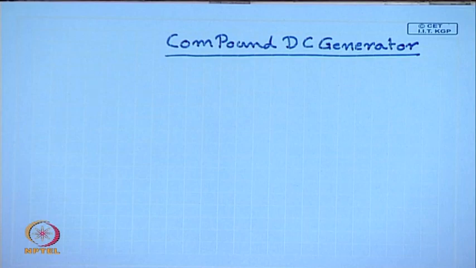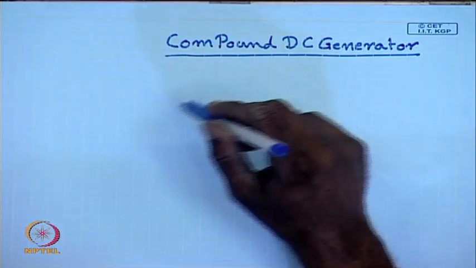As the name suggests, a compound DC generator contains two field windings.